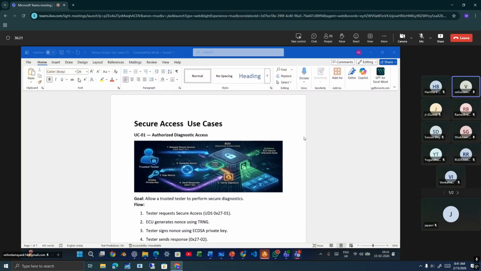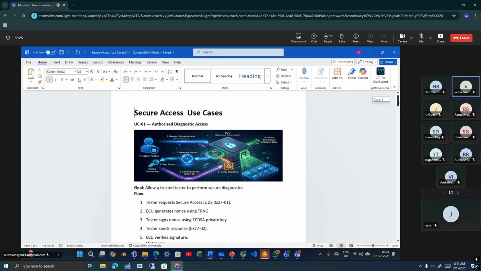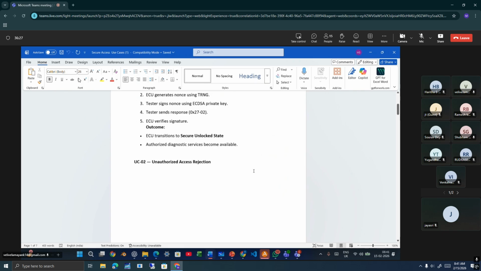That is the first use case. Coming back to the second use case: unauthorized access rejection. He is not my tester. I selected only Kalyan, Yugandhar, Prithvi, Venkat. Ramesh logged in. Do I need to allow or restrict? Restrict.